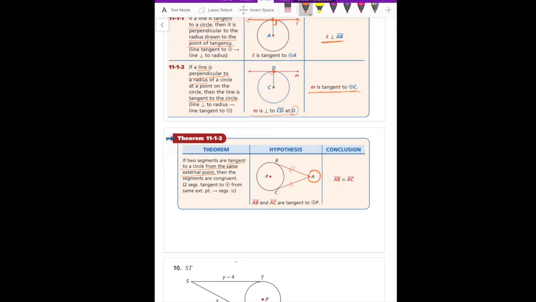These two segments are going to be congruent. So segment AB and segment AC are tangent to circle P. That means segment AB is congruent to segment AC.